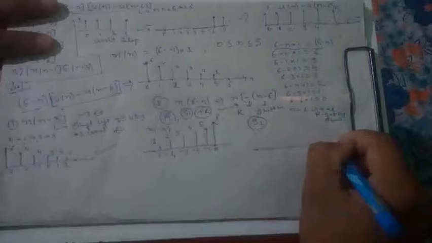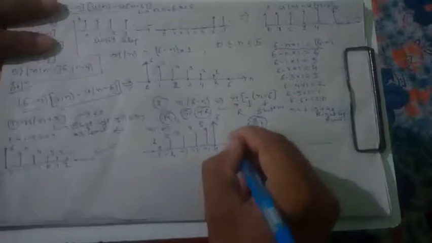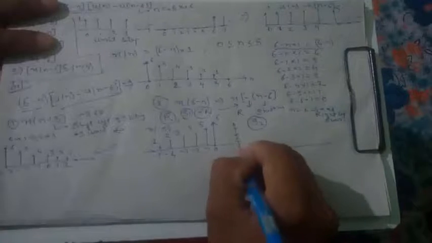Now shifting by n equals 6, that is a positive shift in the right direction by 6 units. So 0 goes to 1, 1 goes to 2, 2 to 3, 3 to 4, 4 to 5.